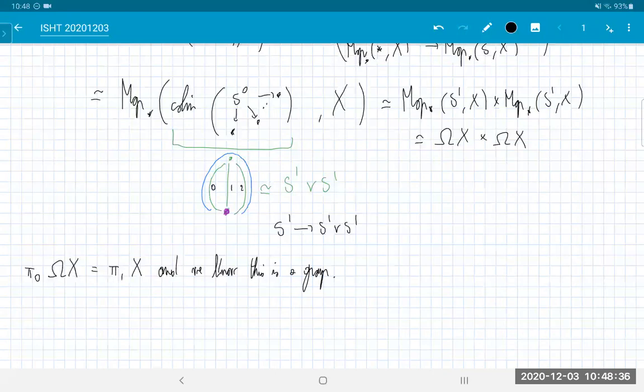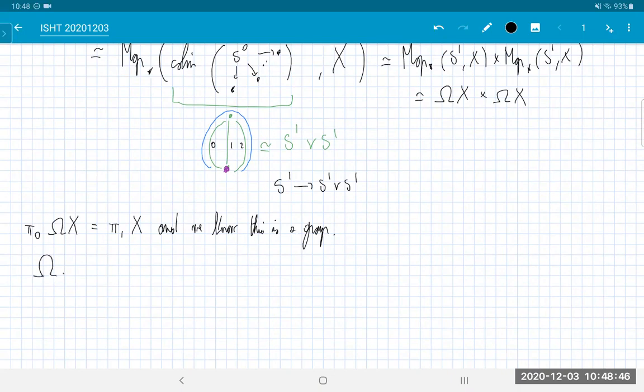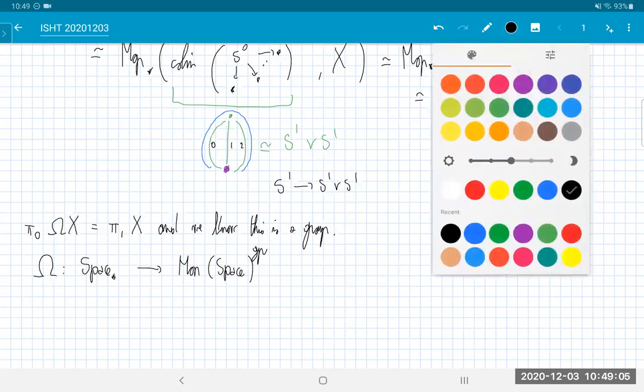So in upshot, we have a functor from pointed spaces to E1 spaces. Sorry, groups. I'm going to denote with this group upstairs the subcategory of groups.